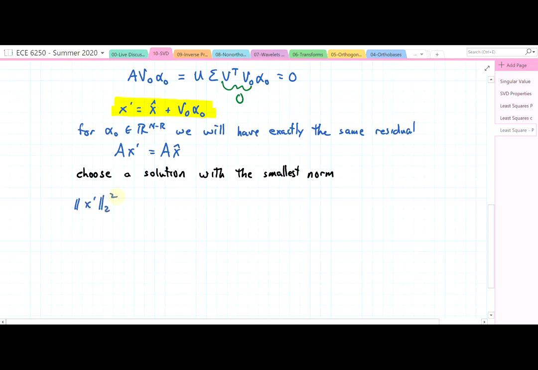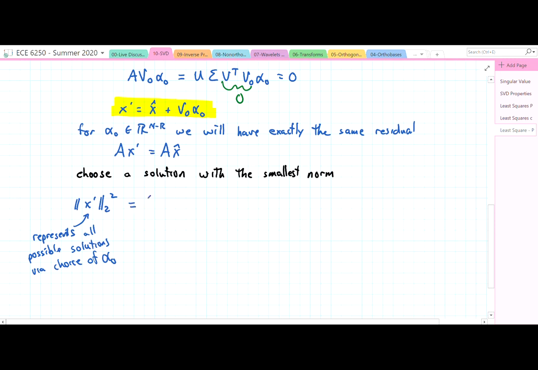We want to minimize this norm. So this represents all possible solutions via our choice of alpha naught.